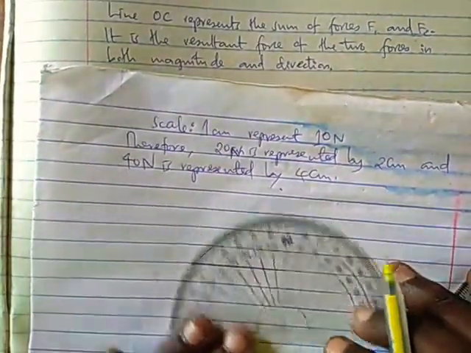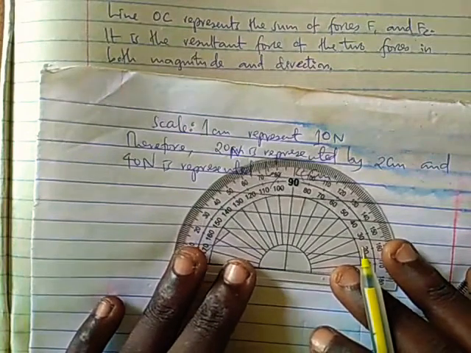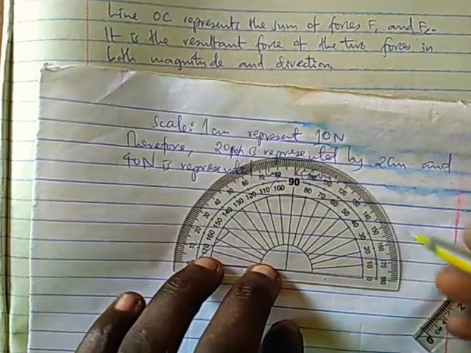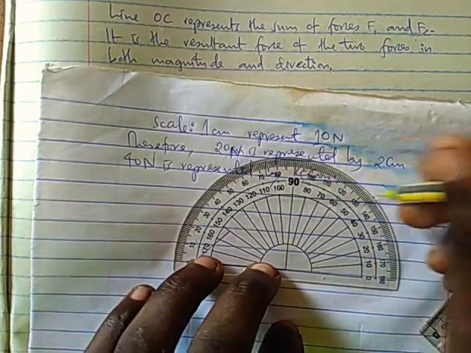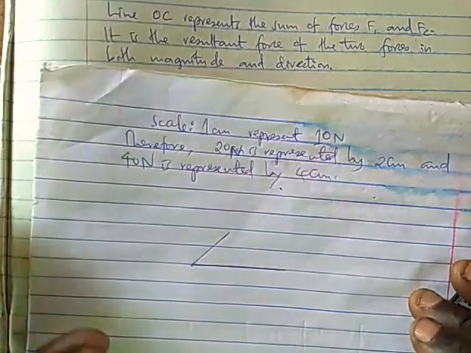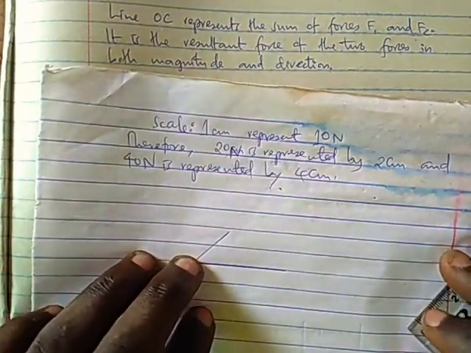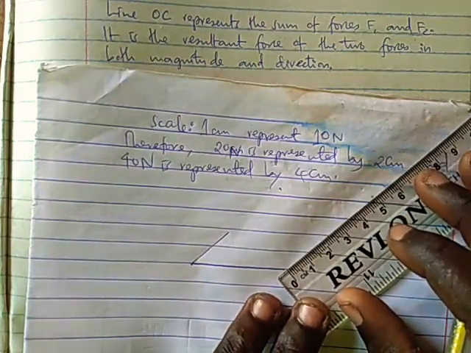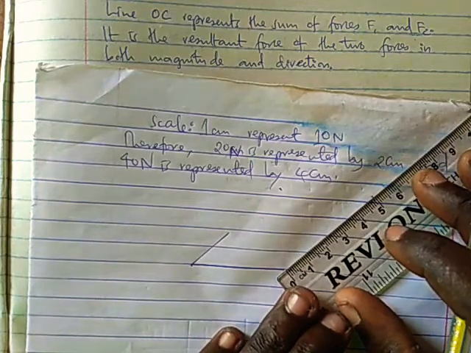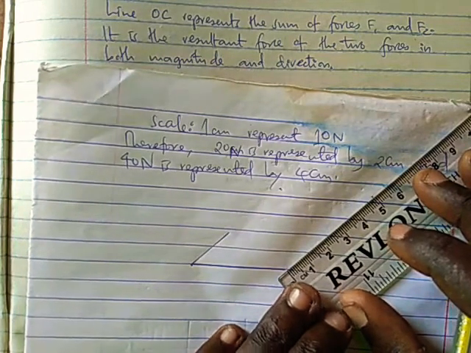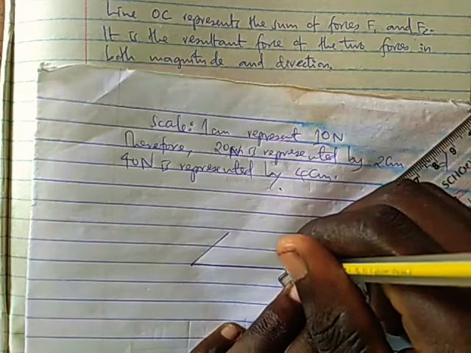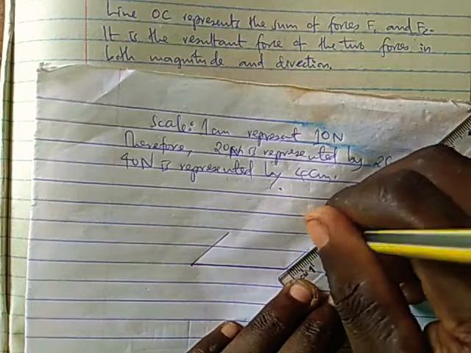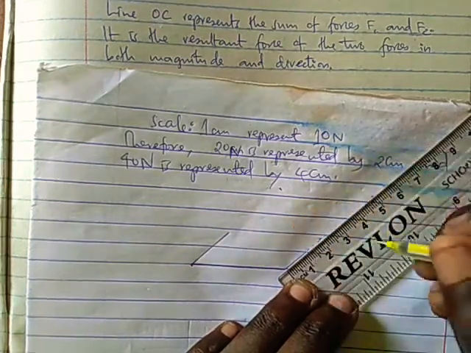Lakini ili niweze kutengeneza parallelogram nzuri, na hapa napima angle 45. Na nikishapima hiyo angle 45, naweka tena 2 cm hapa. So from here naweka 2 cm. So hii hapa naongeza kuchora tu dotted line mpaka hapa kwenye 2.